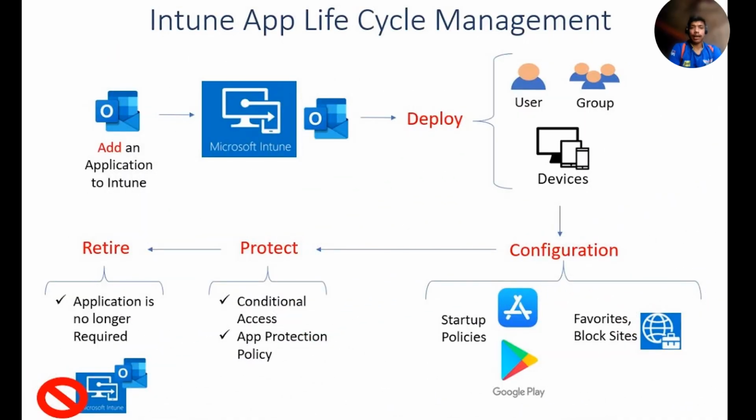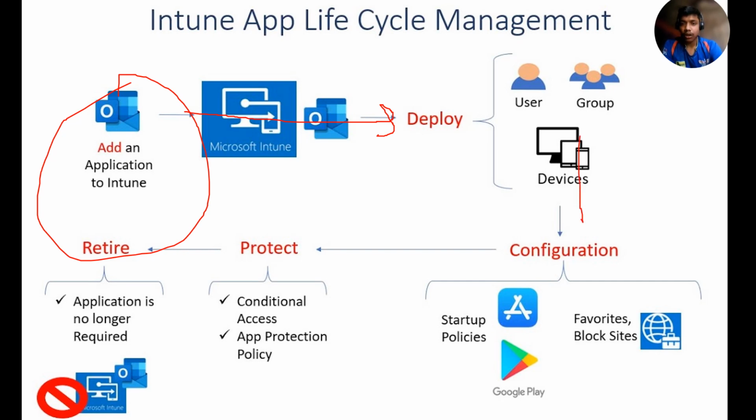If we have an application called Outlook, firstly we have to add the application. After adding the application in Microsoft Intune, we have to deploy it to the devices, either in a single phase or to groups.